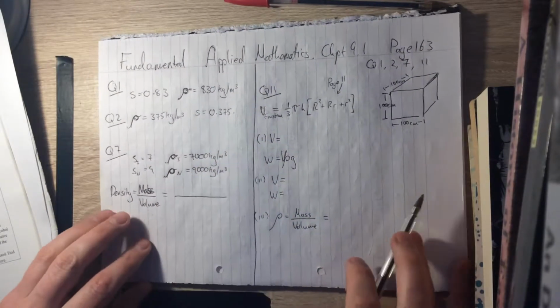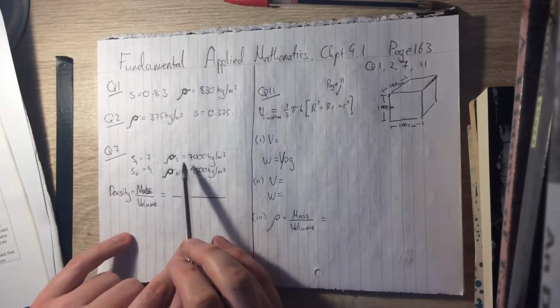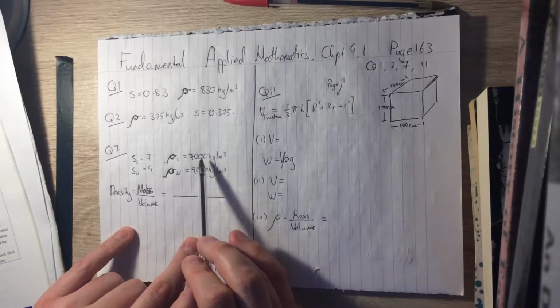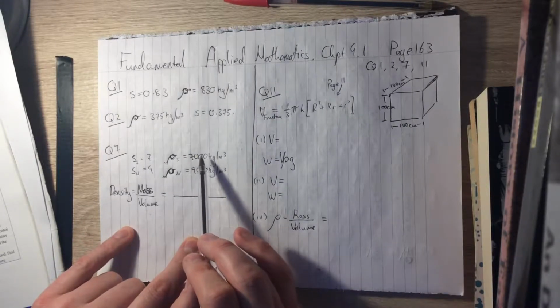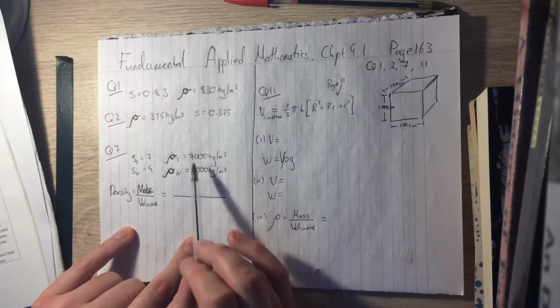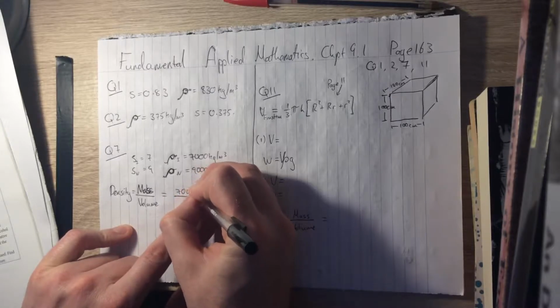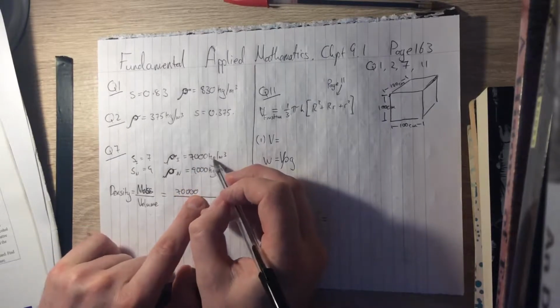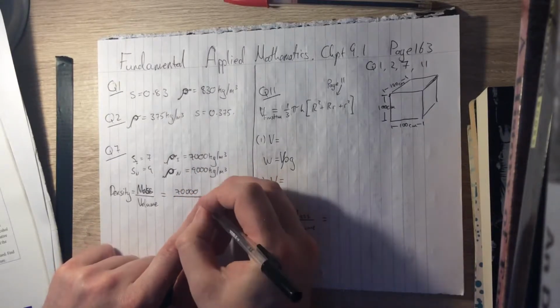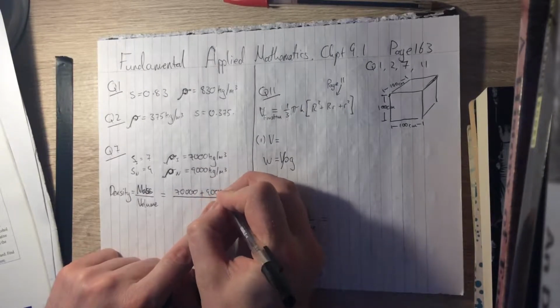So density is mass divided by volume. So if you mix these with a 10:1 ratio iron to nickel, that's going to be 70,000 kilograms of iron for every 9,000 kilograms of nickel.